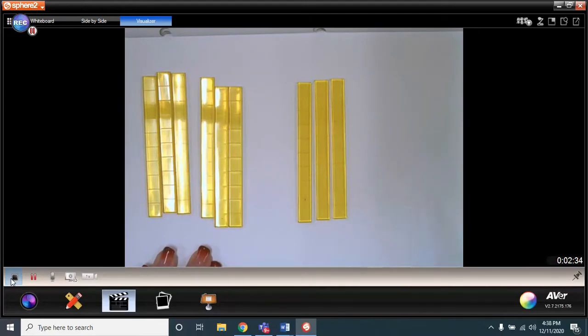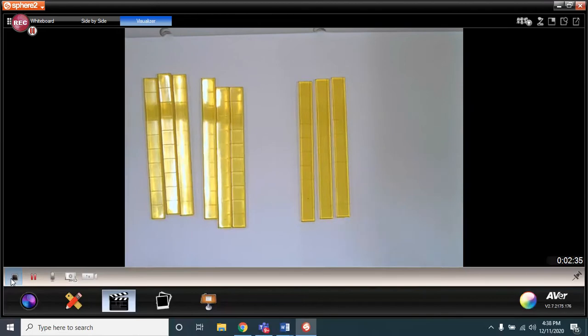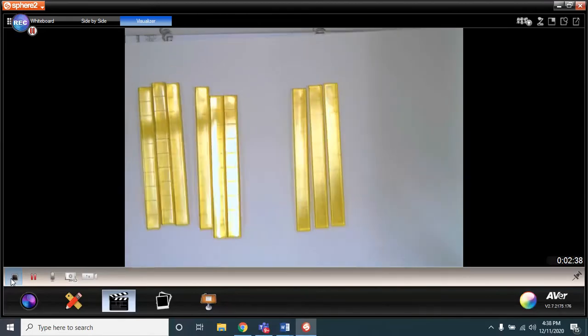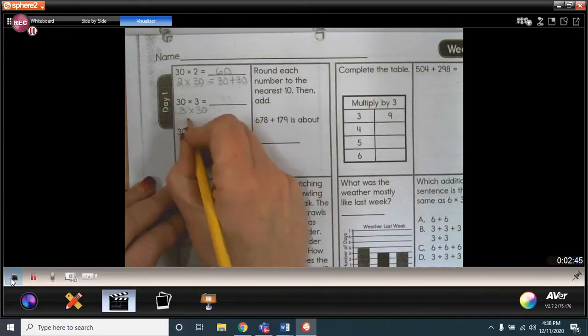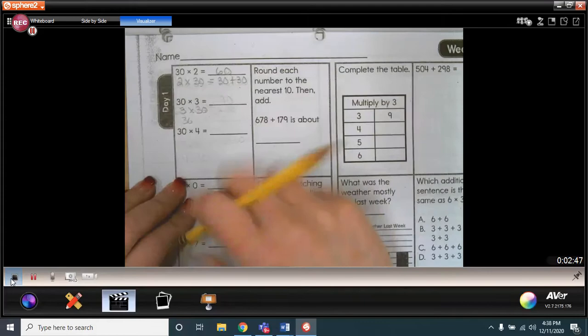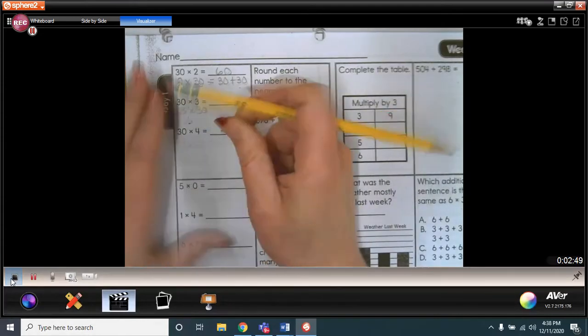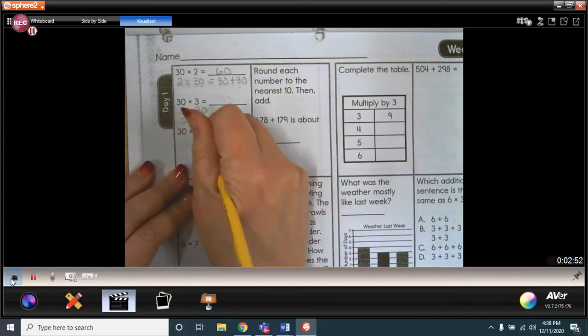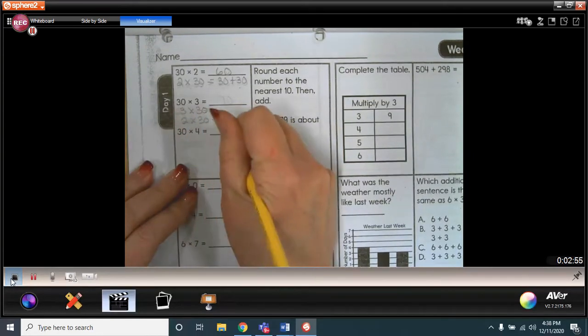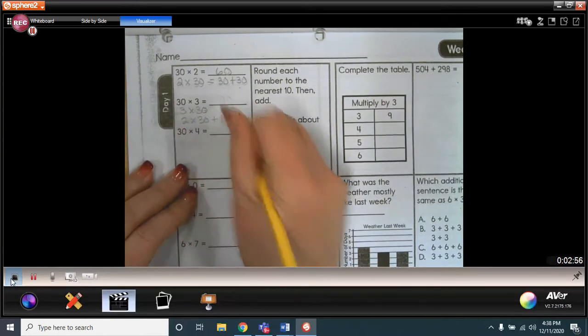So 3 groups of 30, or if I said 3 plus 3 is 6, and 3 plus 3 is 9, if I was using ones, now I know these are tens. This would be 30. Oops, actually, I wanted to show you using the distributive property. So I'm going to take 2 groups of 30, and I'm going to add one more group of 30 on to that.